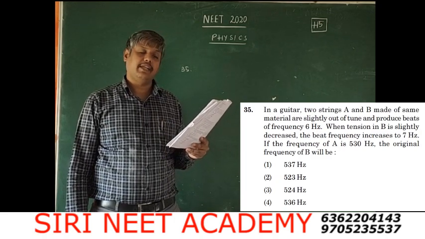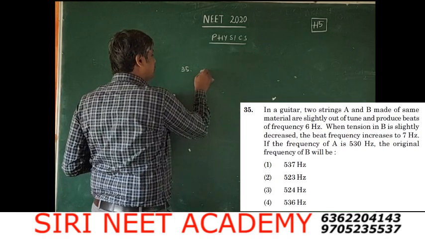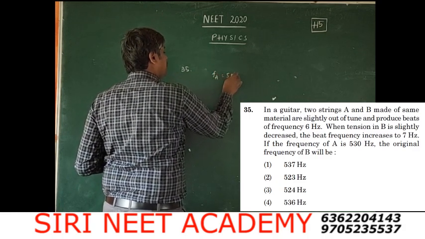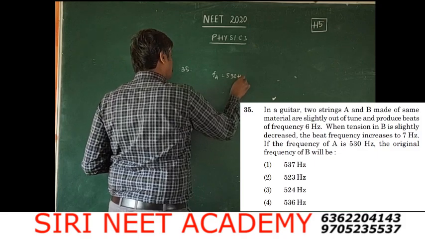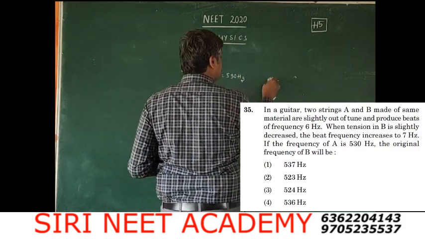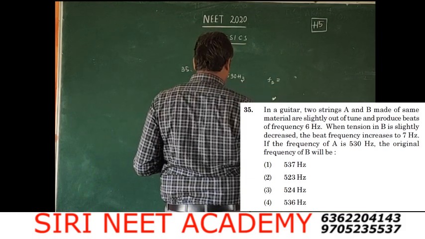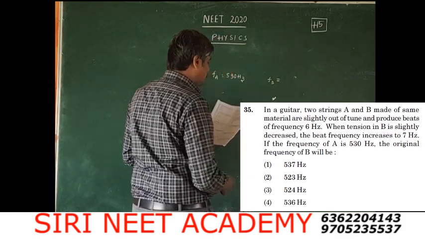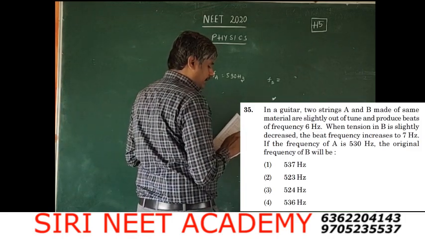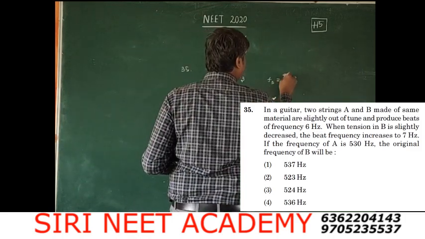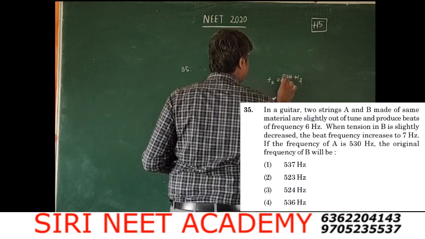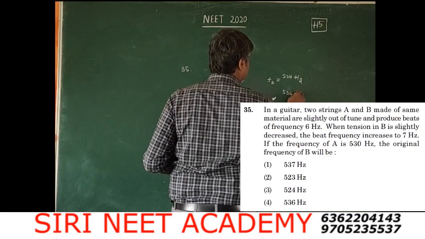If the frequency of A is 530 Hz, what is the original frequency of B? So the frequency of B can be 524 Hz or it can be 536 Hz.